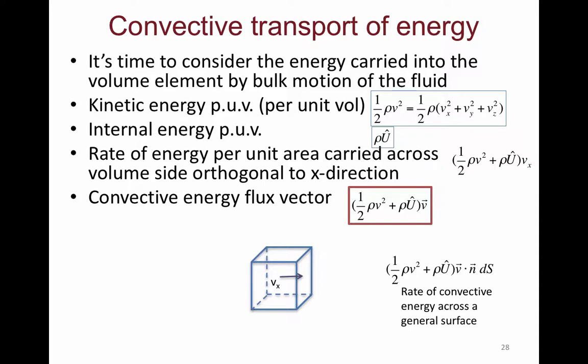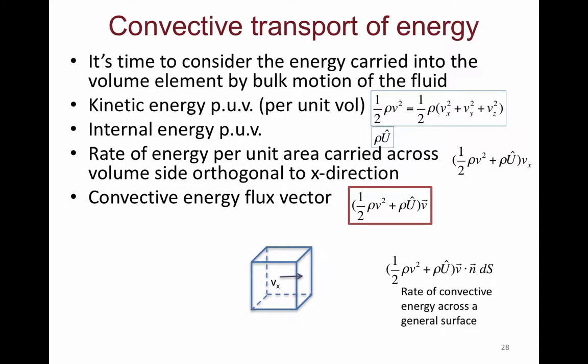In reality, it's a difficult thing to disassociate, but mathematically, we actually bin those two things separately. And if we look at the kinetic energy per unit volume, that is 1/2 rho v squared, okay? And also internal energy per unit volume, which is rho u hat, then that's the total energy that moves in.